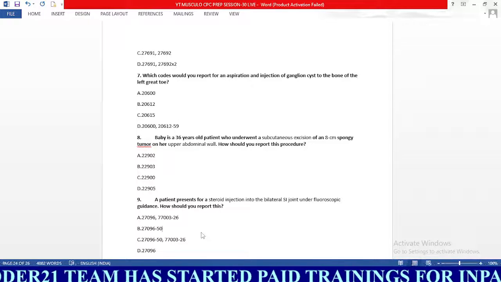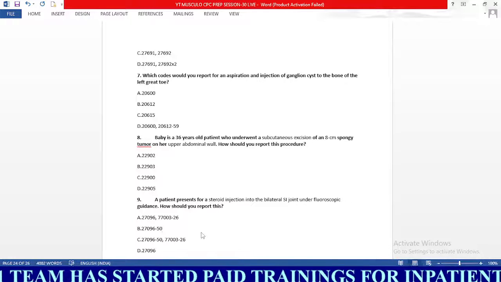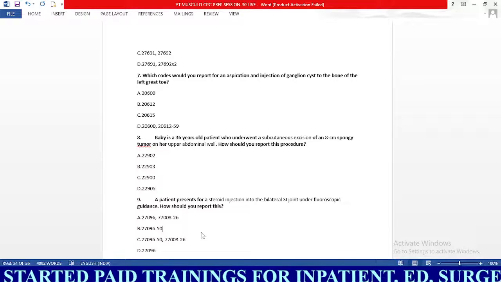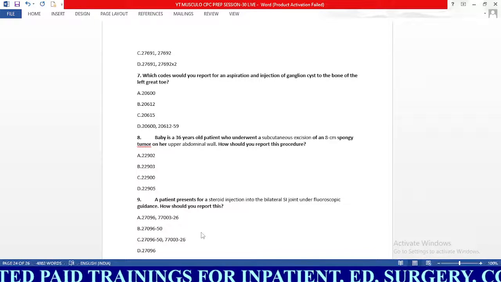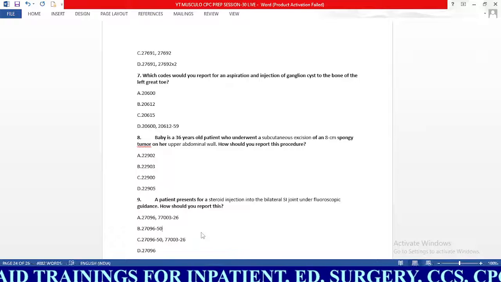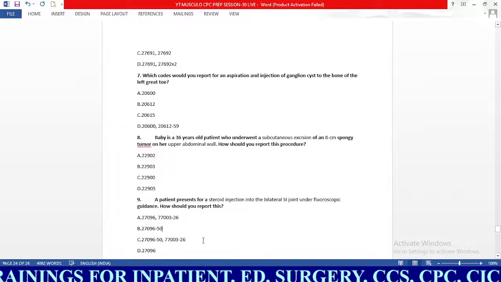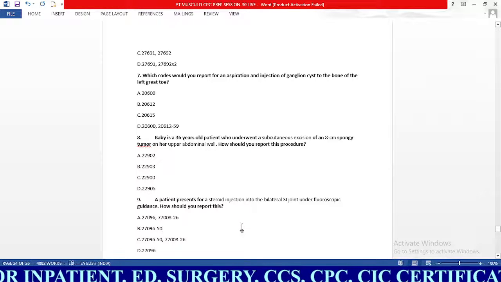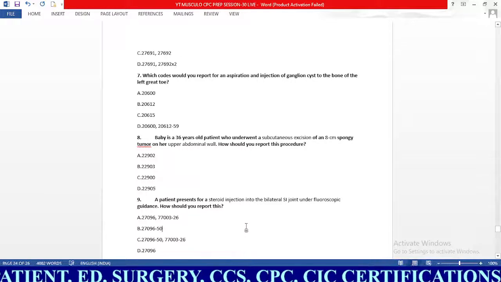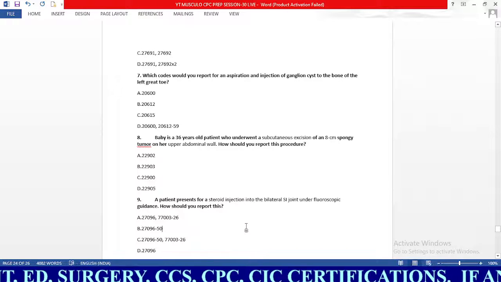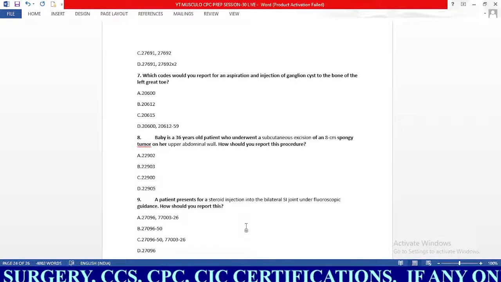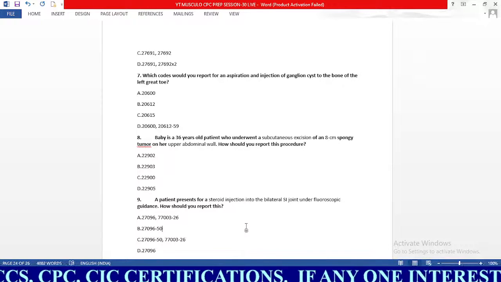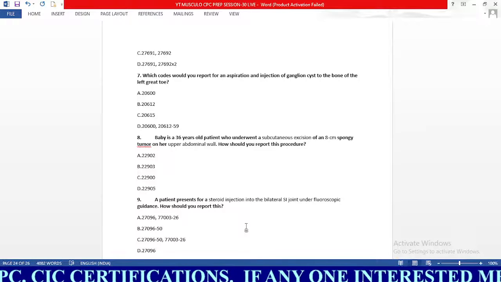Sonal, you need to remember fluoroscopy is included in the code description of 27096, so we need not code fluoroscopy separately. And Pooja, 27096 is for a unilateral procedure, but based on our question, we have a bilateral procedure. Okay, Sonal, I will tell you. Check under 27096. Open 27096.